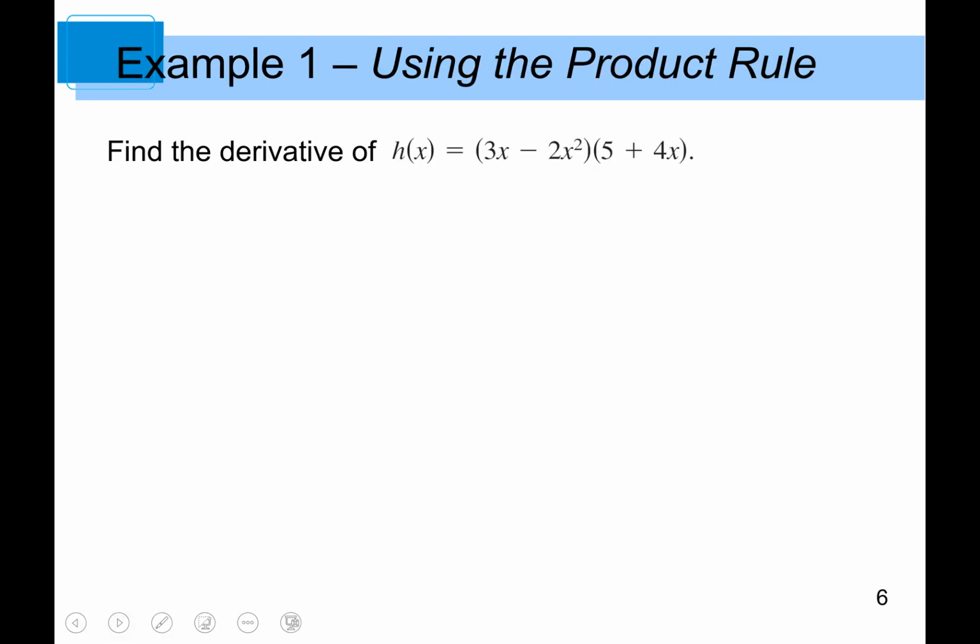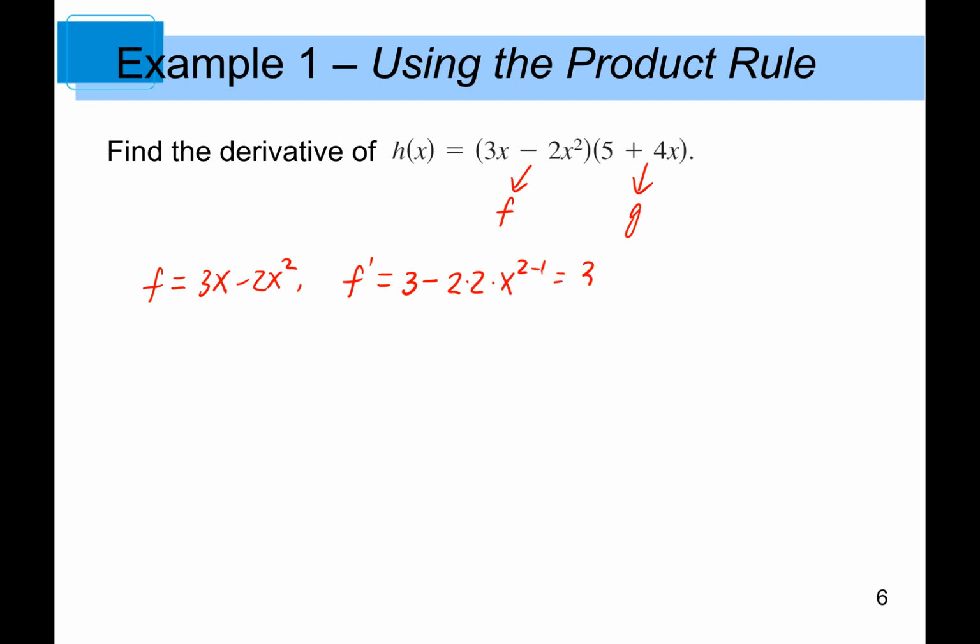Alright, so let's take a look at this example. Using the product rule, find the derivative of h of x equals (3x minus 2x squared) times (5 plus 4x). We assume this is f, and that's going to be g. Since f equals 3x minus 2x squared, f prime, using the power rule, will give us 3 minus 2 times 2 times x to the 2 minus 1.